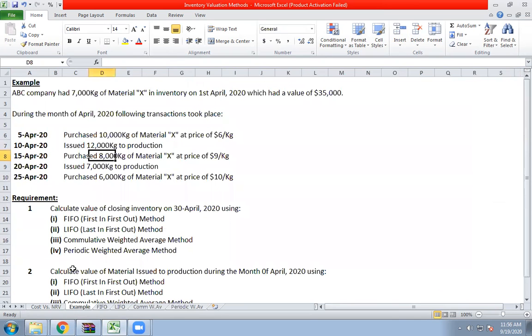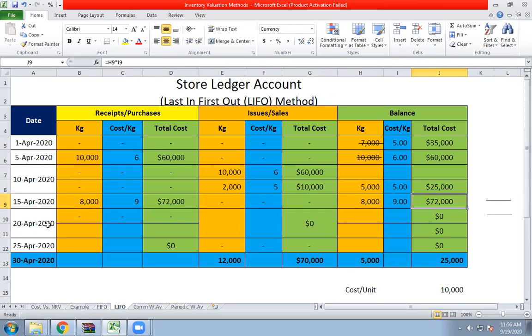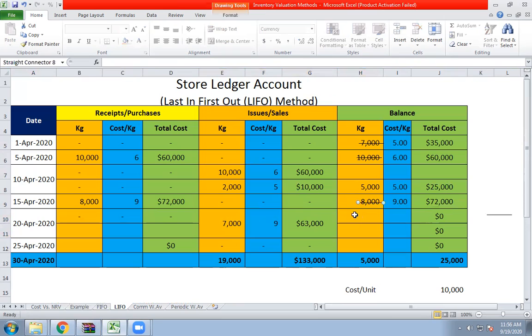Okay, next I have issued 7,000 kg on 20th April. On 20th April, I will issue 7,000 kg. Definitely, this is going to be issued from this 8,000. It has a value of 9, and my total issue value is 63,000. I will cut this because I now have 1,000 kg in stock from this 8,000 valued at 9.